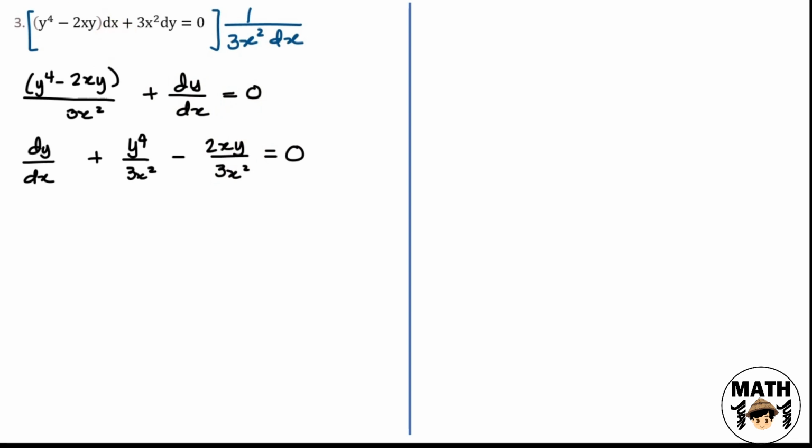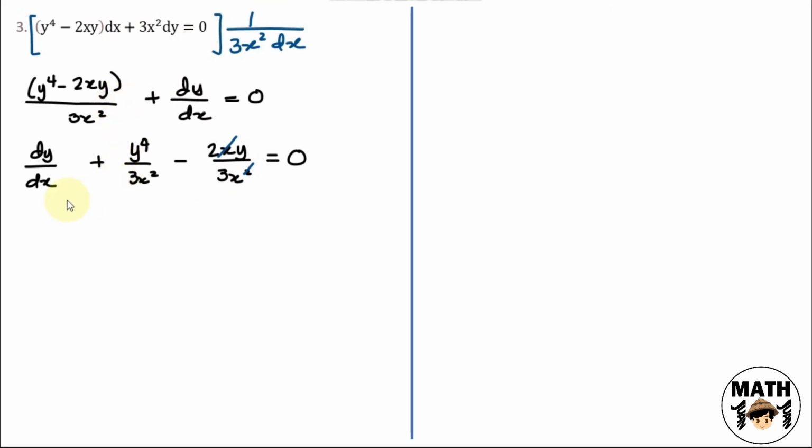Simplifying this, we can divide x. Ang matitira na lang dito sa baba is 3x. Lipat natin si y to the 4th over 3x squared sa right hand side. And we'll get derivative of y with respect to x minus 2y over 3x equals negative y to the 4th over 3x squared.